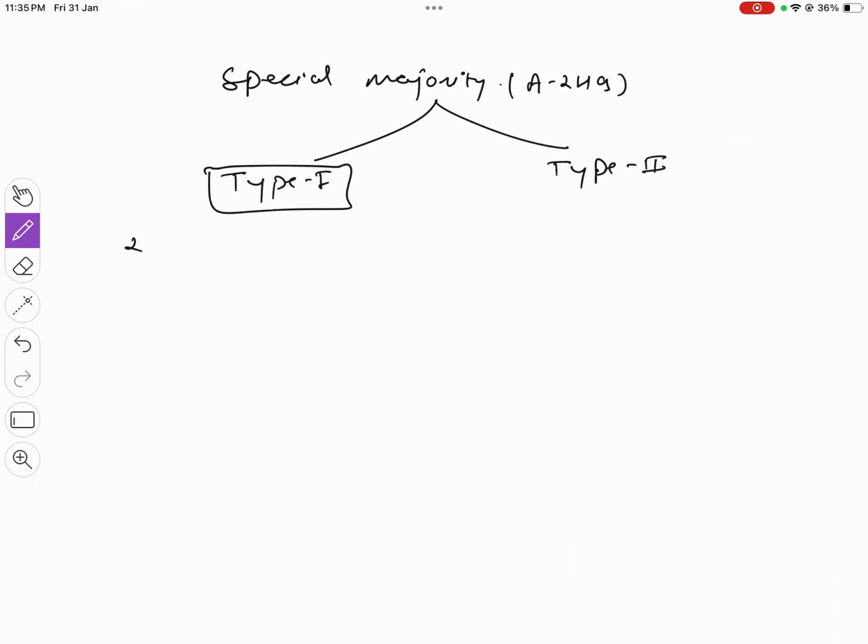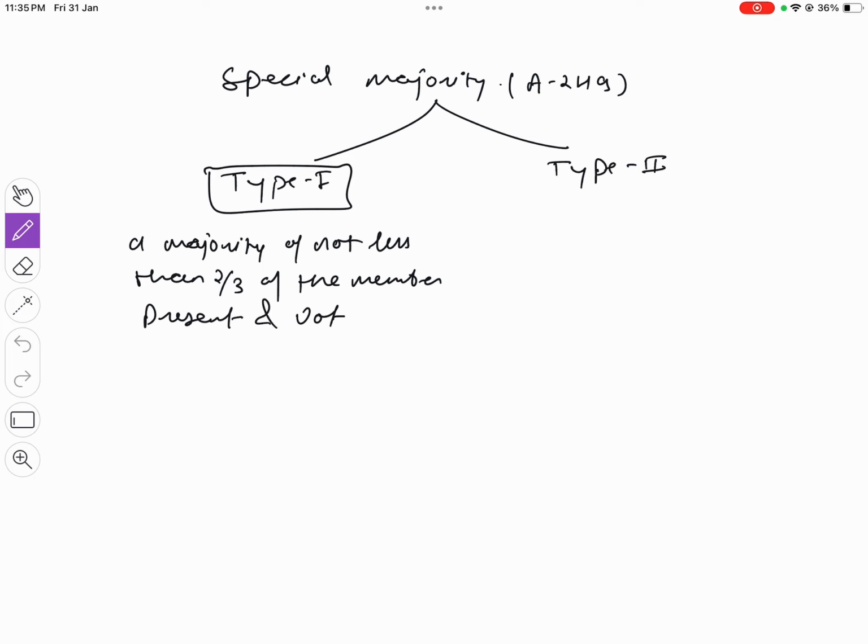We say a majority of not less than two-third of members present and voting in the house.